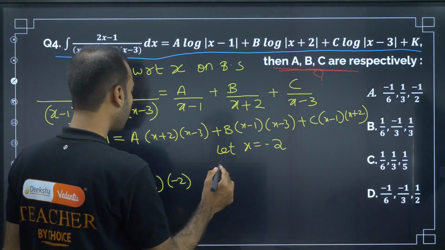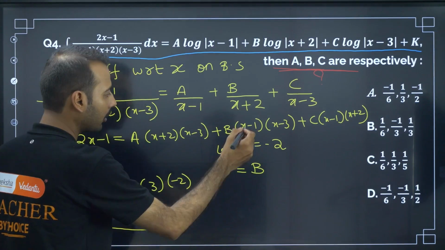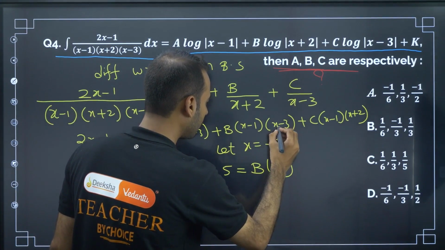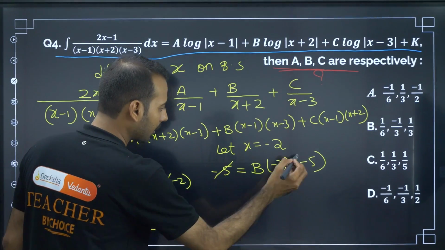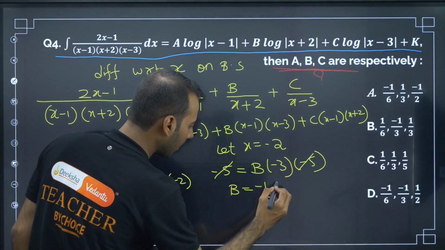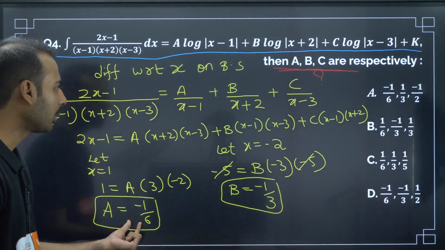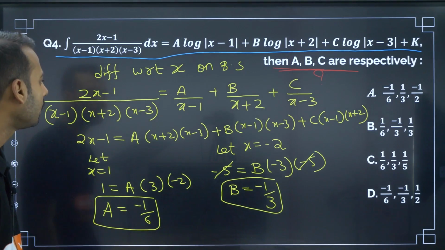We are left with 2 into minus 2 is minus 4, minus 5 is equal to b, minus 2 minus 1 is minus 3, minus 2 minus 3 is minus 5. So cancelling this minus 5 with this minus 5, b is equal to minus 1 by 3. A is equal to minus 1 by 6, b is equal to minus 1 by 3.